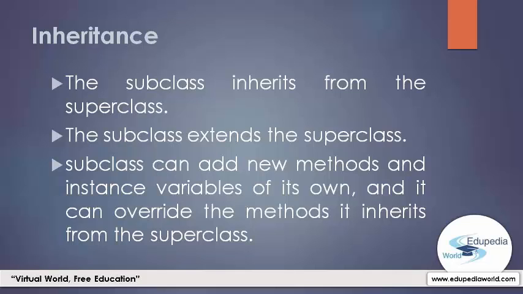For example, if triangle is a subclass of the shape class, the triangle class automatically inherits the instance variables and methods common to all shapes, including perimeter, area, calculating the perimeter, and so on. Also, the triangle subclass can add new methods and instance variables of its own, and it can override the methods it inherits from the superclass shape.